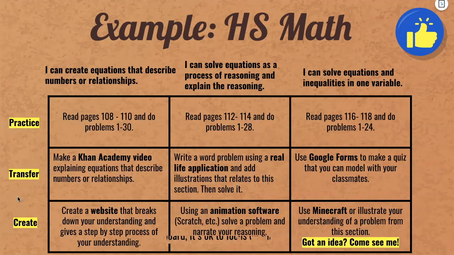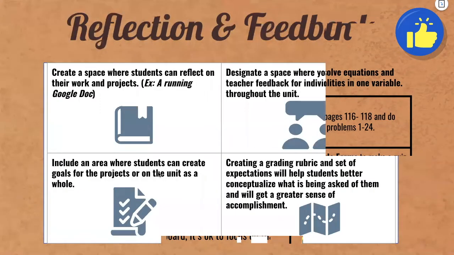So just an example. Here's another piece that you want to include with your choice boards. I didn't include it on the choice board because it just depends on where you want to place it. But basically, you want to ensure you leave a space where students can reflect on their work and their projects. So you can either have a running doc for each unit. If you have Seesaw, you can have it on there, and they're just taking pictures on their Seesaw of all the projects that they're doing.